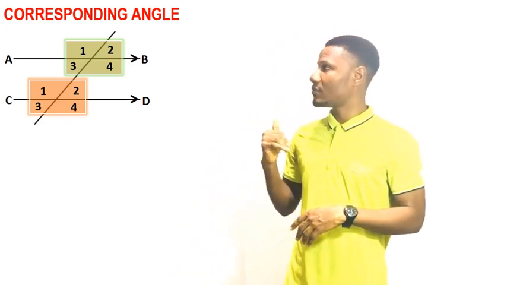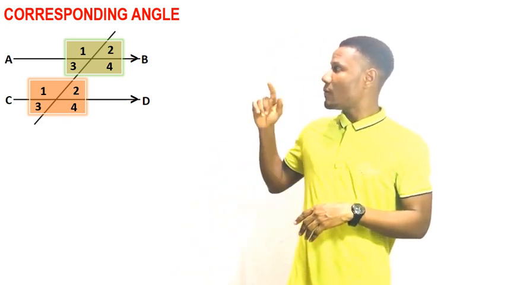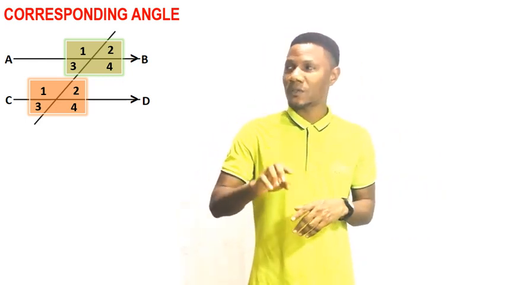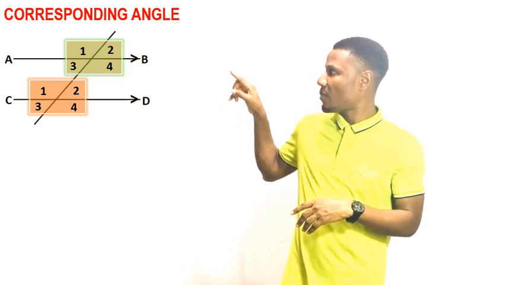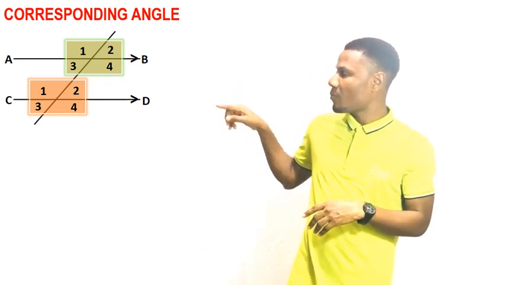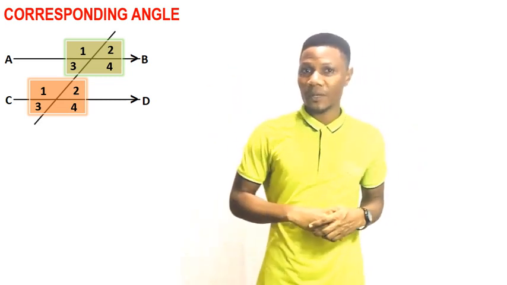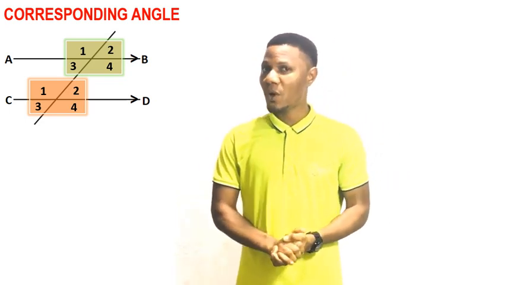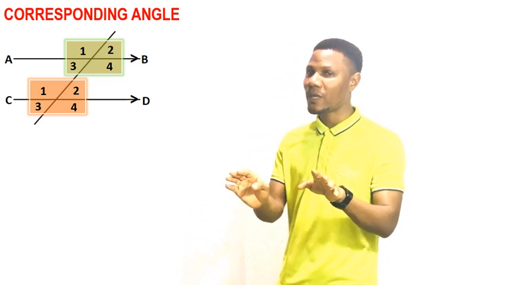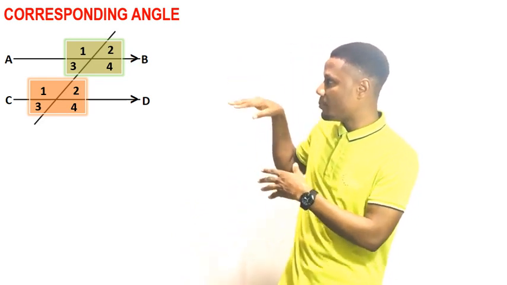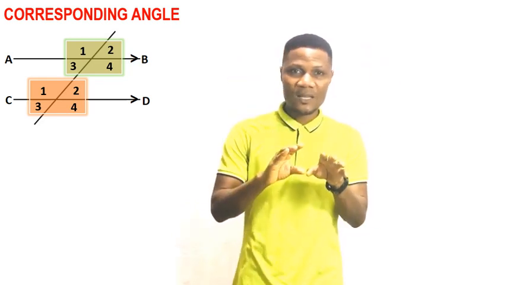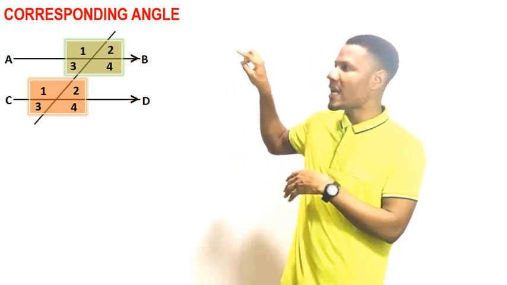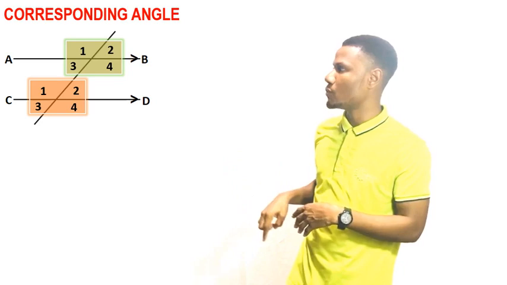So if in number 1 we are having 40 degrees, the angle that will correspond to that 40 degrees in the number 1 top will be number 1 in the box below. Very easy to identify. So corresponding angle could be anywhere. It could be up, it could be below the line, but the most important thing is whenever you see it, just insert the box and know where they correspond to.